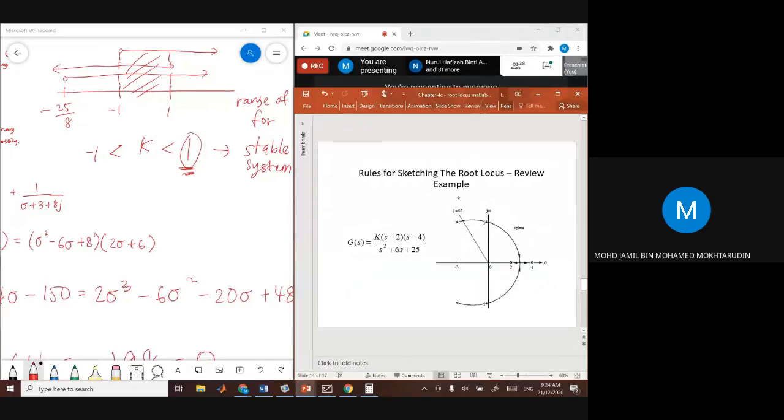So the system is stable on here. So at this line here, the system is marginally stable. Okay. And at this point here, at this root locus here, the system is unstable.